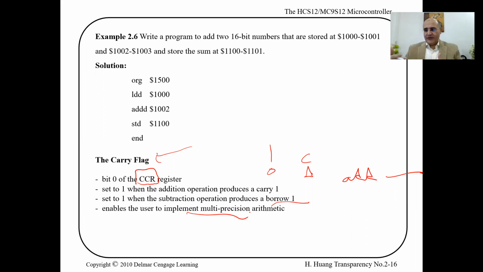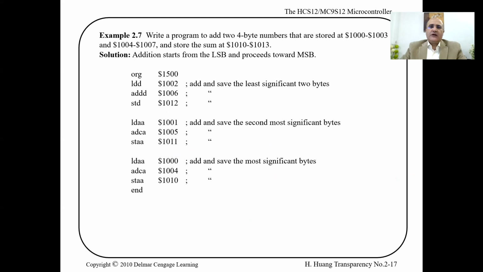Adding a number that results in a carry, this carry should be added to the following two numbers that are part of the bigger number. We did it in an example, and I think this program does something similar, adding 4-byte numbers. We did that in the flipped classroom.